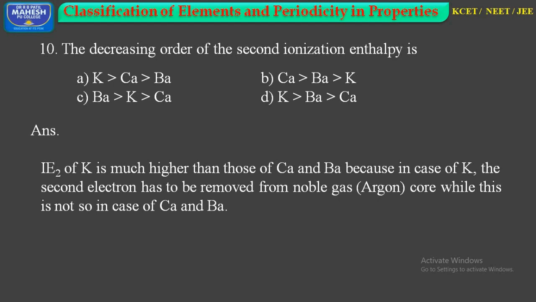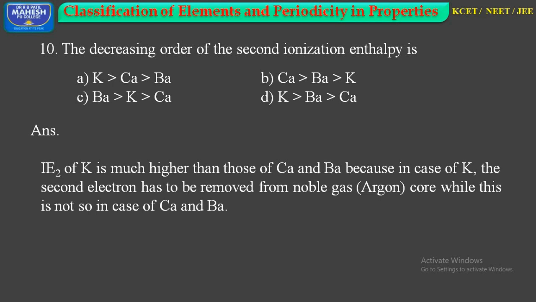In case of calcium, students, atomic number is 20. So we can very easily remove first and second electron so that we get argon configuration for calcium cation.